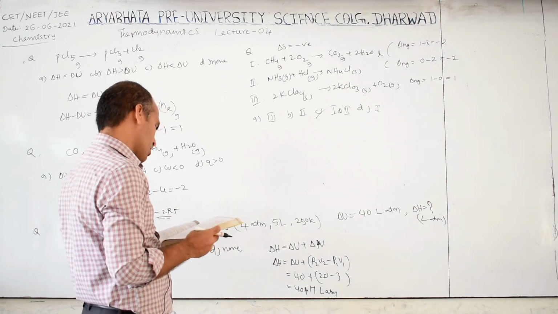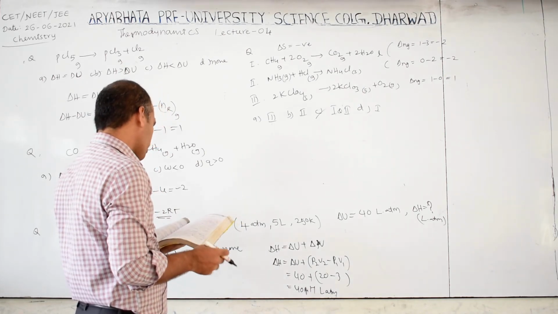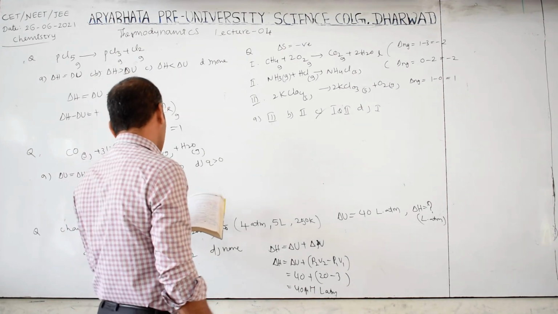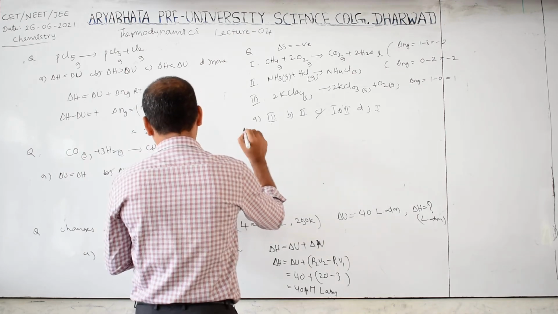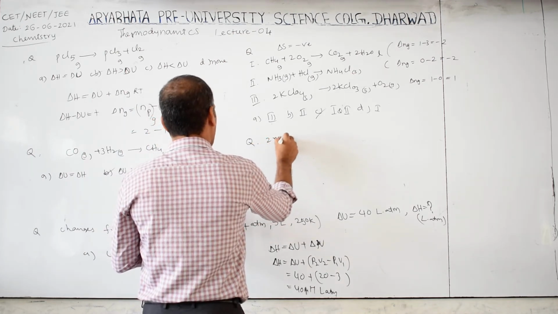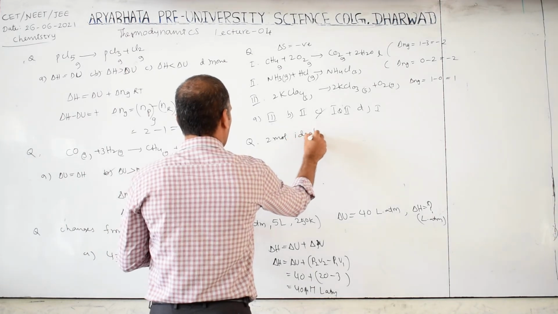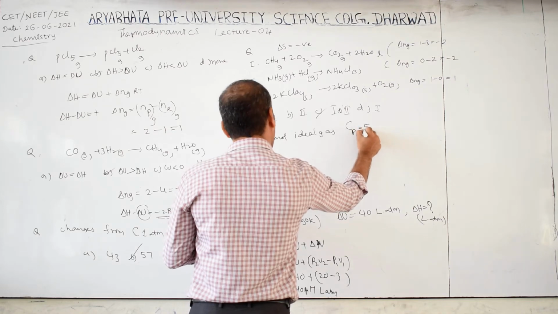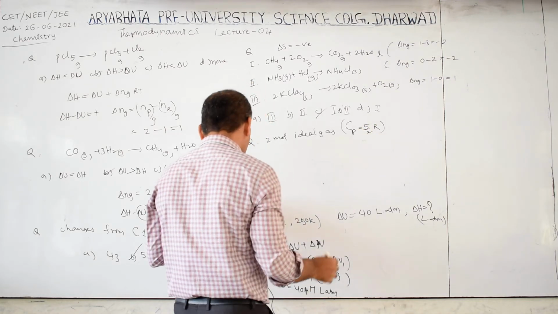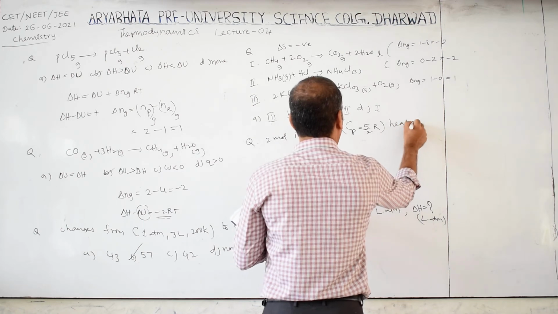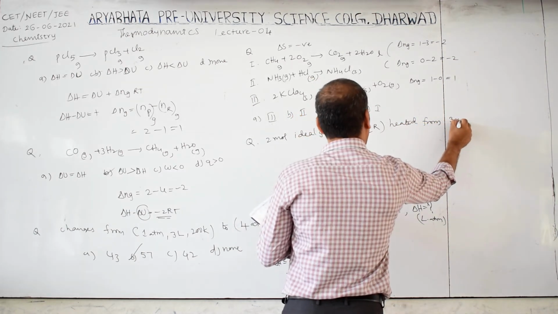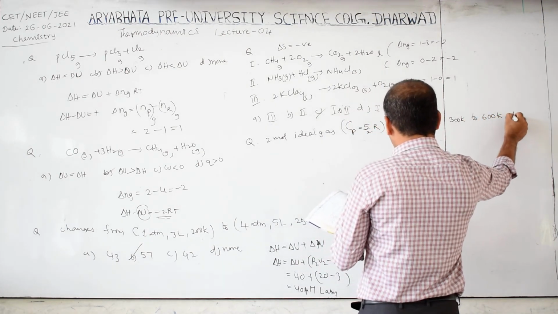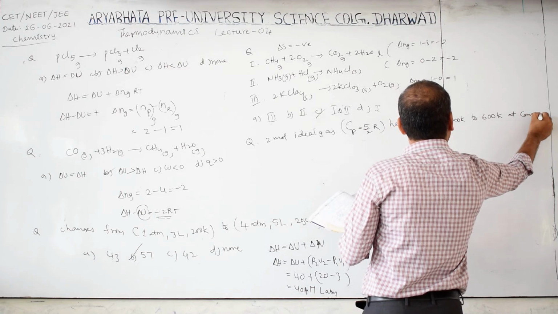Next, the question is: 2 moles of an ideal gas, Cp value given, that is 5/2 R, are heated from 300 Kelvin to 600 Kelvin at constant pressure.